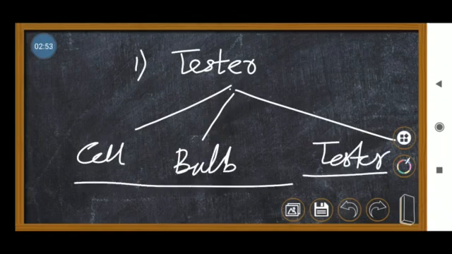Using these three, we test whether electricity is passing through the given object. Then we studied what conductors and insulators are.